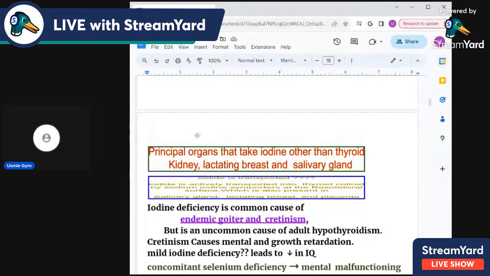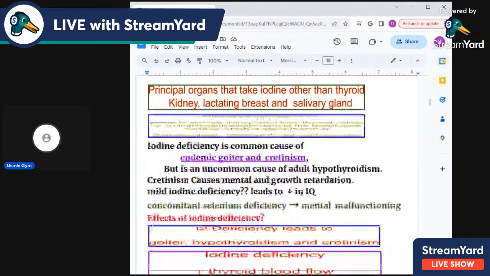Other organs that compete for iodine are the lactating mammary gland, salivary gland, and the kidney. These three organs also compete for iodine, but the follicular cell of the thyroid maintains a concentration more than 30 times that of the blood.